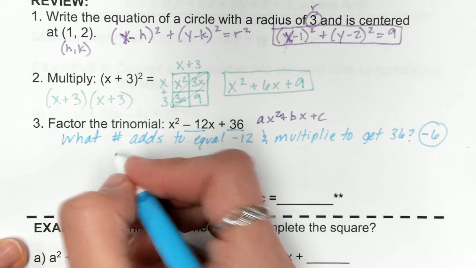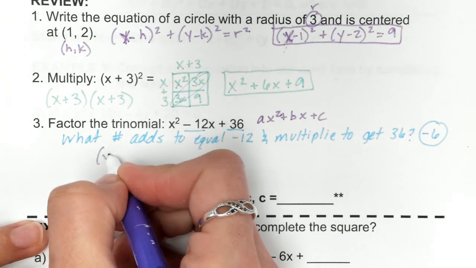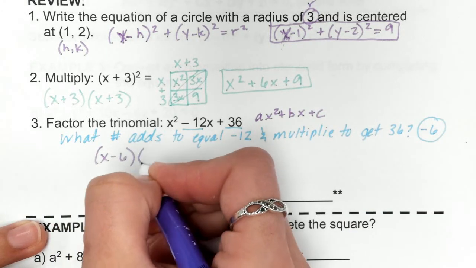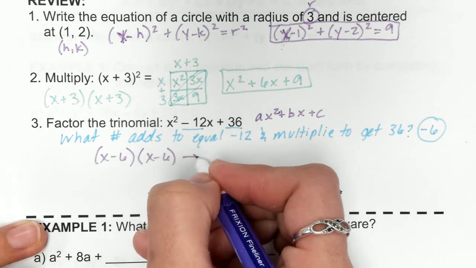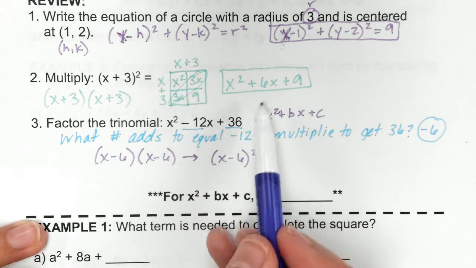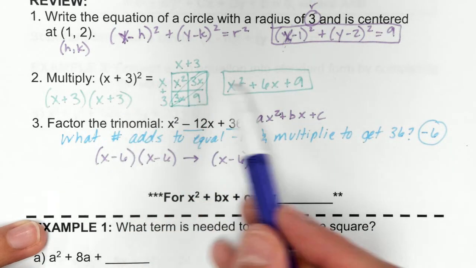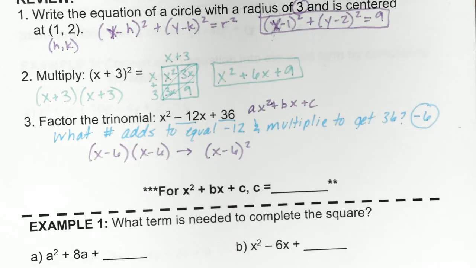So that helps us determine here that we're going to have (x minus 6) times (x minus 6), factoring that trinomial, which in turn becomes just (x minus 6) squared. So all we did is we took number 2 and we went the absolute opposite direction. We took our trinomial, we factored, and we got our perfect square.